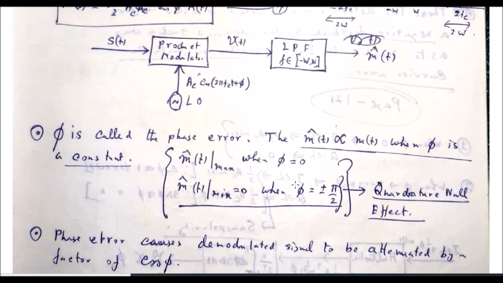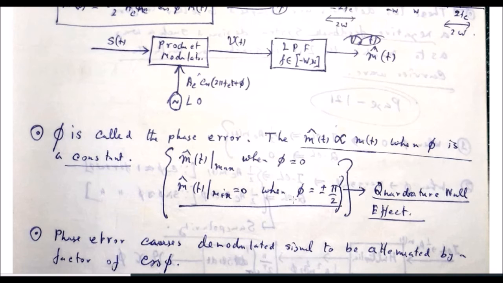For the case when phi is equal to 0, you know that cos phi will be equal to 1, and m cap t will be maximum. And when phi is equal to either plus 90 degrees or negative 90 degrees, then cos of plus or minus 90 degrees is always 0. So your m cap t will be 0 there.